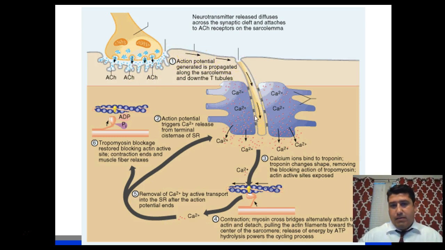In this case, it's the muscle. So the impulse goes down the T-tubules, and it passes by the sarcoplasmic reticulum, and this is where calcium is stored, and the calcium then is released to allow the myosin heads to attach to the actin binding sites.